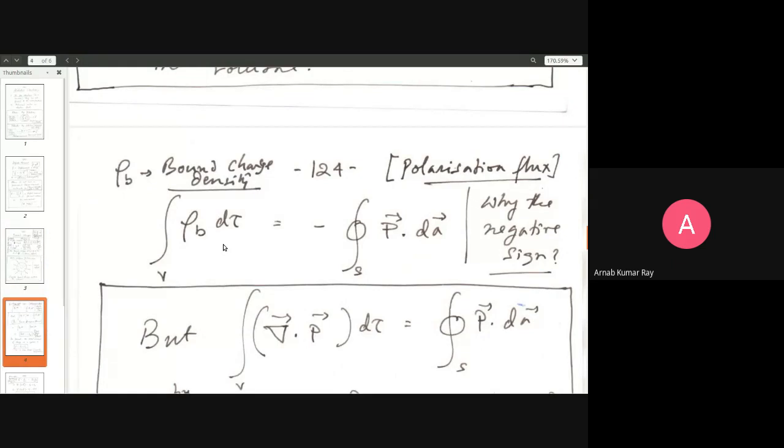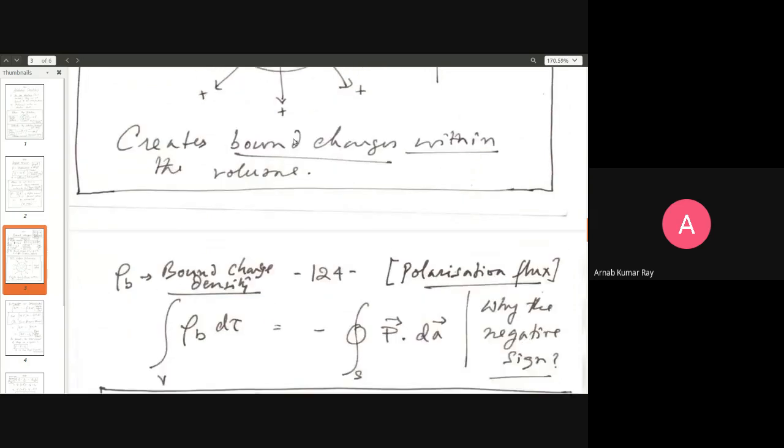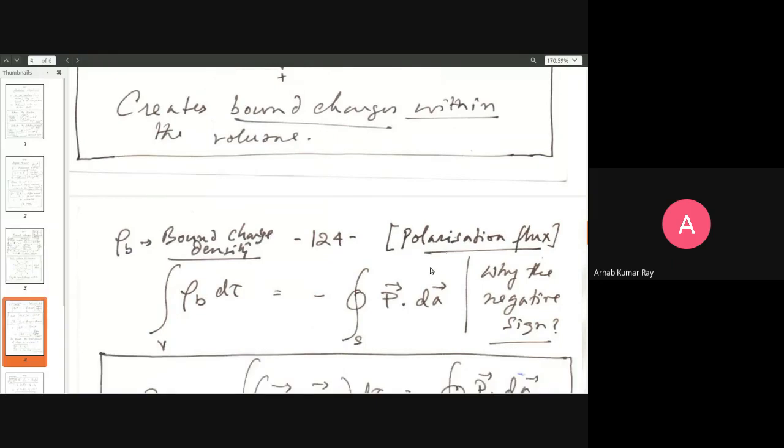in accordance with the generality of the problem that we are looking at now, the physical problem that we are looking at now. And also I've written something here, polarization flux. What is polarization flux? Any vector dot d area, any vector dotted with an area element integrated over the full surface will give you the flux of that vector.